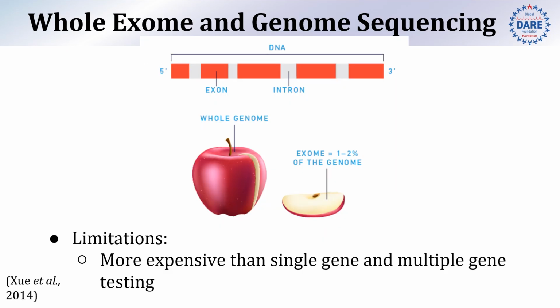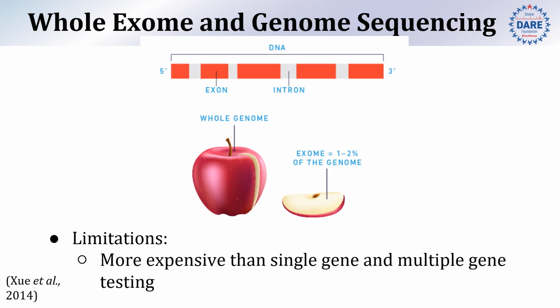So this image is one that I've often seen used as another analogy to help explain the differences between whole genome and whole exome sequencing. This entire apple here is meant to represent the whole genome, which includes all of a person's DNA. The small slice that you see next to it represents the exome, which is only about 1 to 2% of the entirety of the genome and contains the parts of the DNA that actually provide the direct instructions or the code for specific proteins.